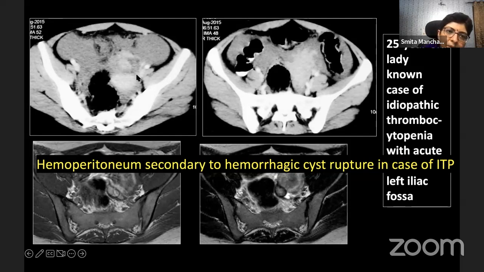We are seeing hemoperitoneum. We are seeing a sentinel clot or hematoma kind of appearance, and there is ill-defined hyperdensity within this. And when we have an MR correlate, there is a subacute hematoma kind of appearance adjacent to an ovarian cyst, which also has a hemorrhagic component. So this all correlates to a likely possibility of a hemorrhagic cyst rupture with hemoperitoneum.